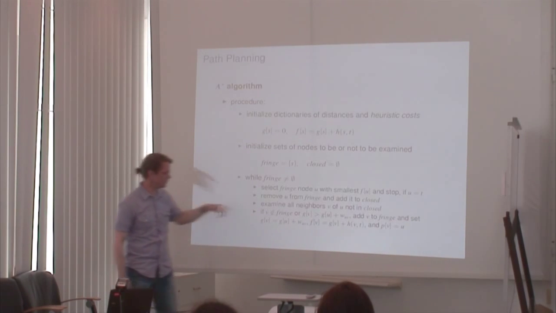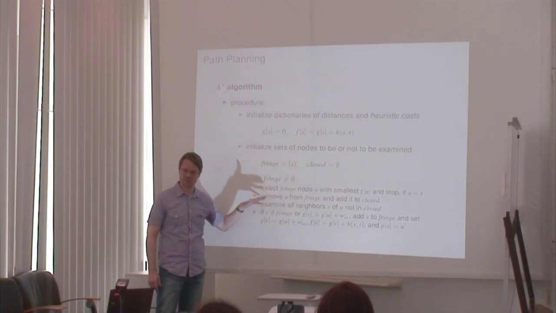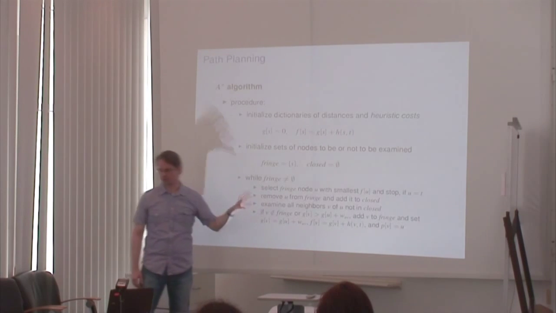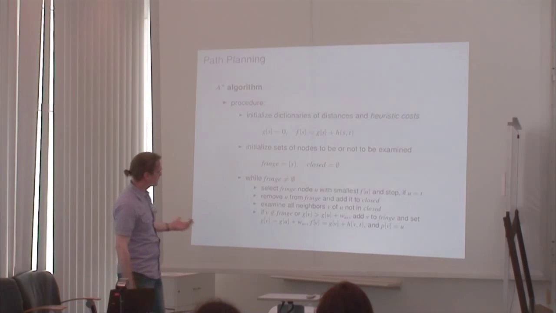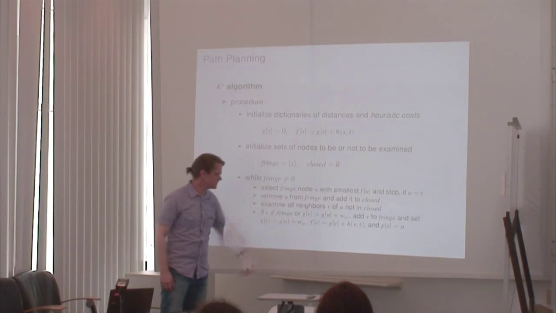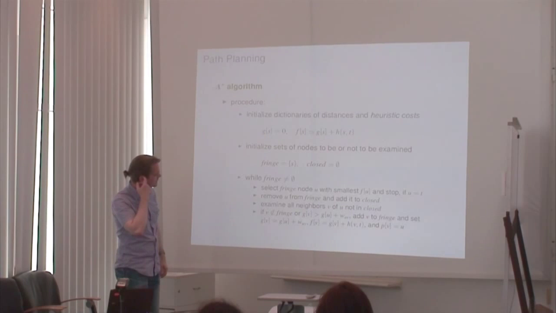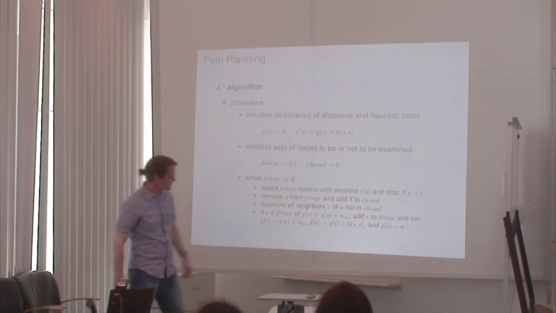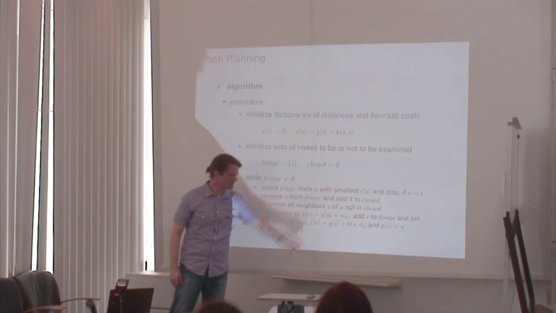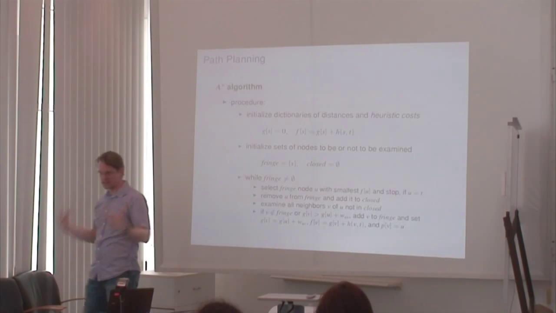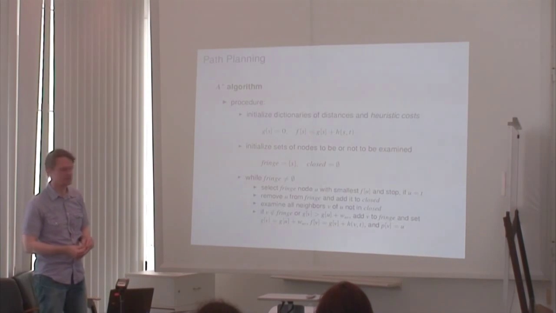We again examine all the neighbors of the node we just selected, if they are not in the closed set. And then we basically carry out the same update as we did with Dijkstra. And again, the difference is that for this dictionary F, we do not merely update these two distance values, but again, this heuristic function H comes into play.